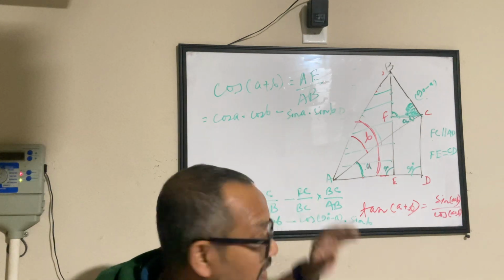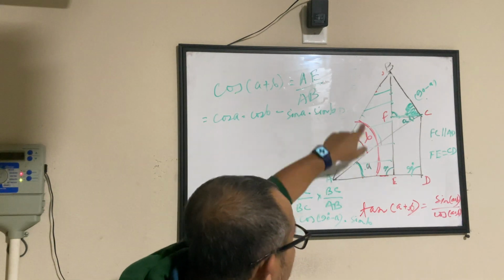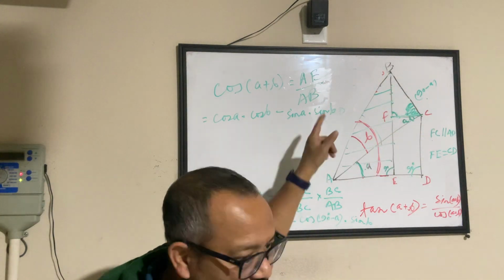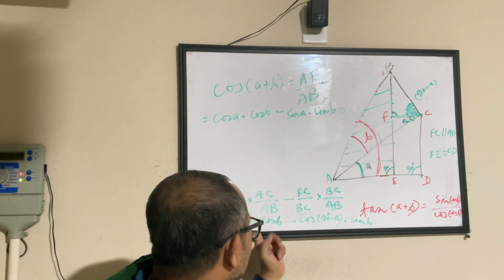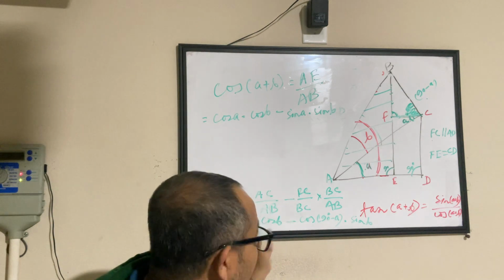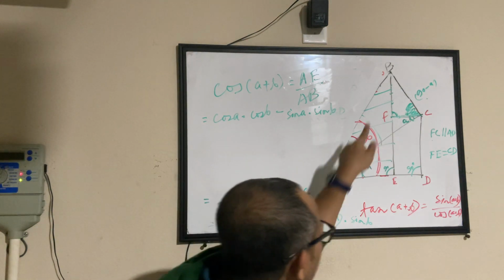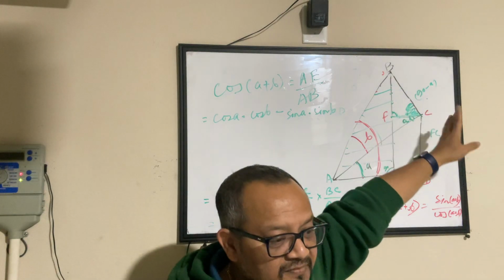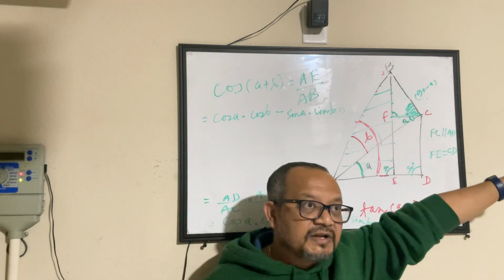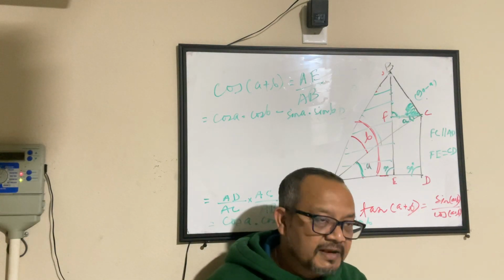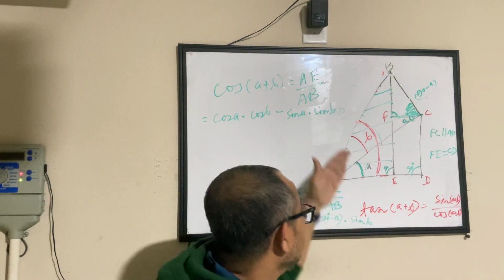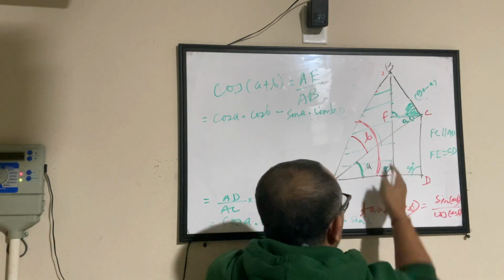Here, same way as when it was sine, we looked at this angle. Sine of this is this by this, and this can be split into two parts, and then we just applied that magic of dividing common things and multiplying common things. And again, it was nothing cryptic. When you look at these pieces, look at which triangle it is part of and try mapping it with the hypotenuse. That is how in case of sine we got sin of A plus B equals sin of A times cos of B plus cos of A times sin of B. And in case of cos of A plus B, cos of this is base by hypotenuse.